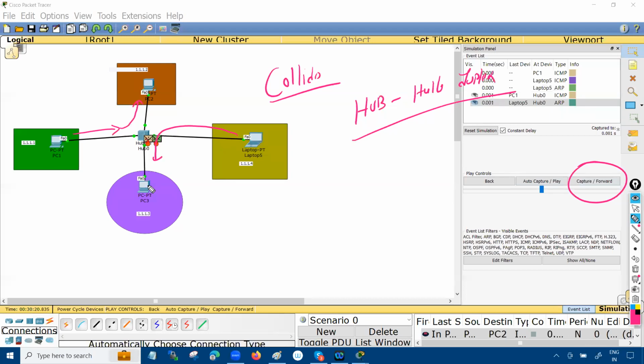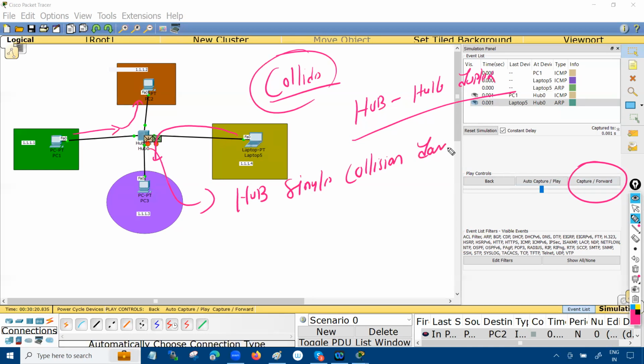At the same time, you cannot transmit and receive, and no other user can transmit and receive the data. That's a hub problem. If they do that, then collision will occur. Because of this reason, hub has a single collision domain.